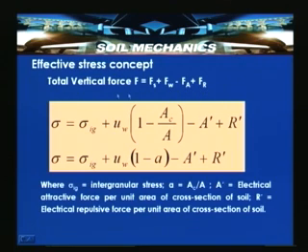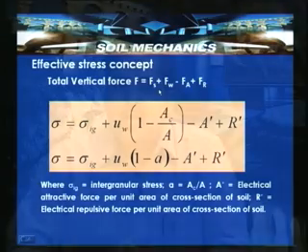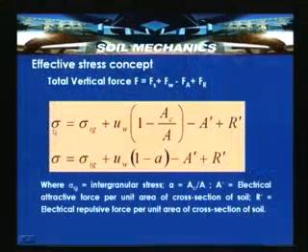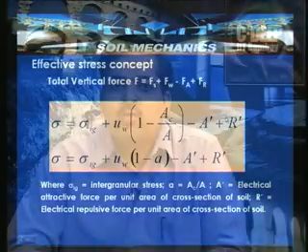Now, dividing by area A, that is the imaginary plane area passing through the level point O in the previous slide, sigma is equal to sigma Ig, that is Fs by A, plus UW into 1 minus AC by A, minus A dash plus R dash, where A dash and R dash are the electrical attractive and repulsive forces per unit area of the cross section of the soil.